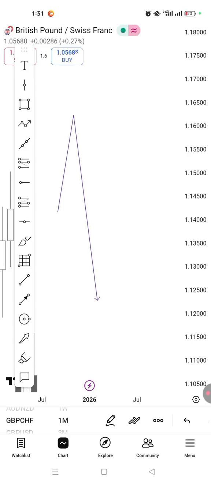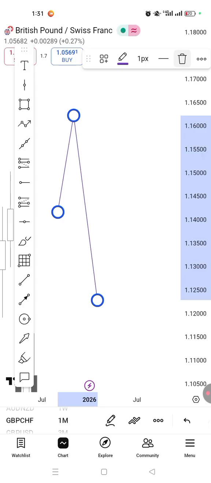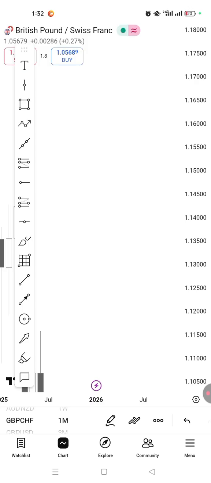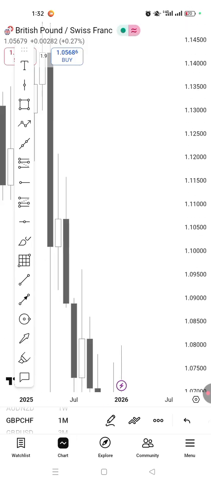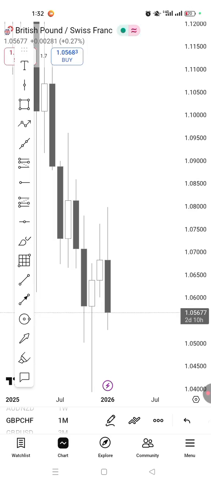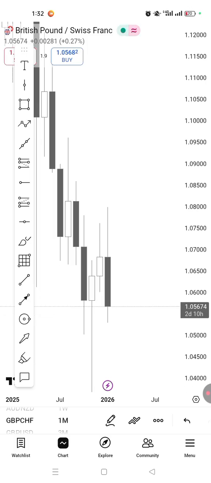And the past price action will tell you where the market is coming from. Or the current, I can say maybe the immediate past month, or the immediate past week, can tell you where the market is coming from. Then you'll be able to know where the market is going to. And that will tell you your potential exit points.